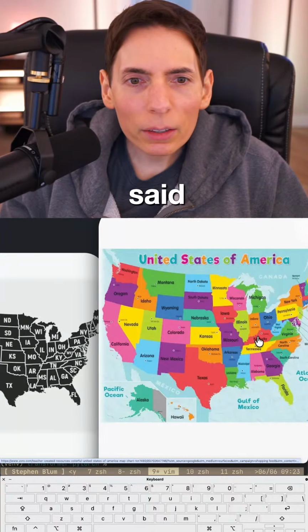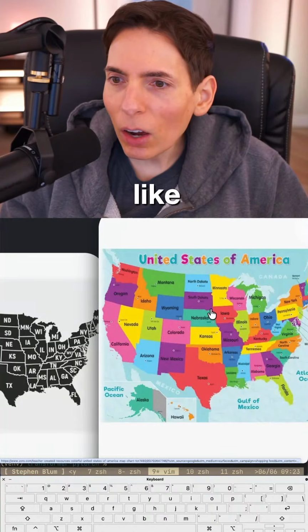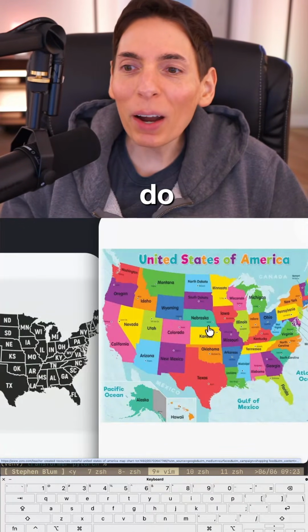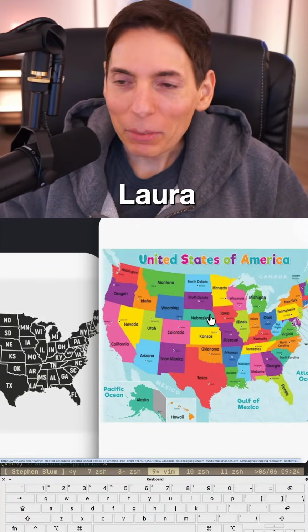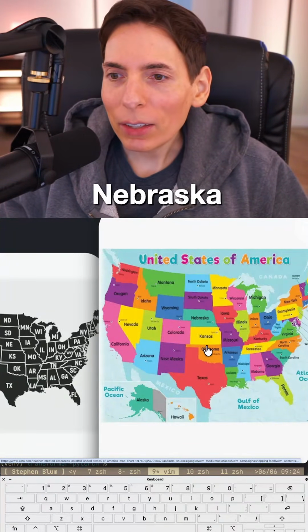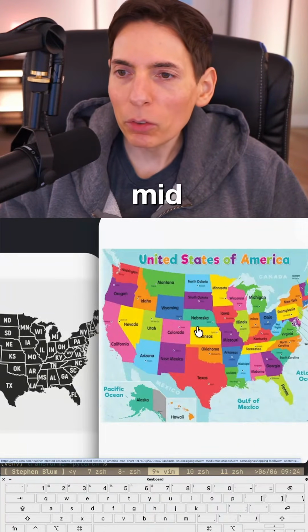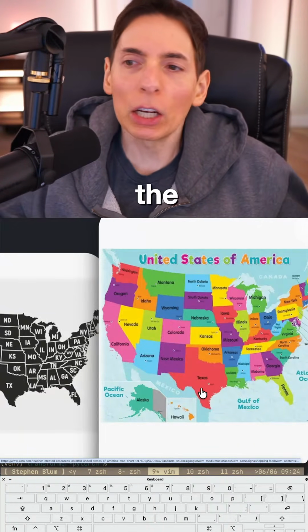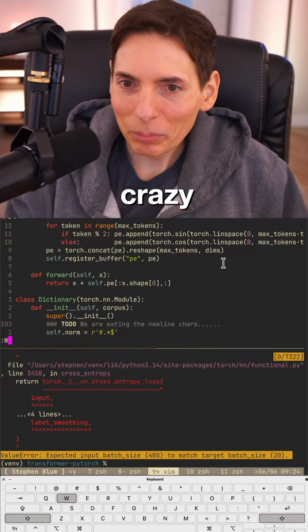So you said Kansas. Where is that? Hey, they're right next to each other. Look at that, Laura. The more we know, right? North and South Dakota, Nebraska, Kansas, Oklahoma, and then Texas. Okay, so this is the Midwest right here, or the middle of the country. So serious. I know, right? It's crazy.